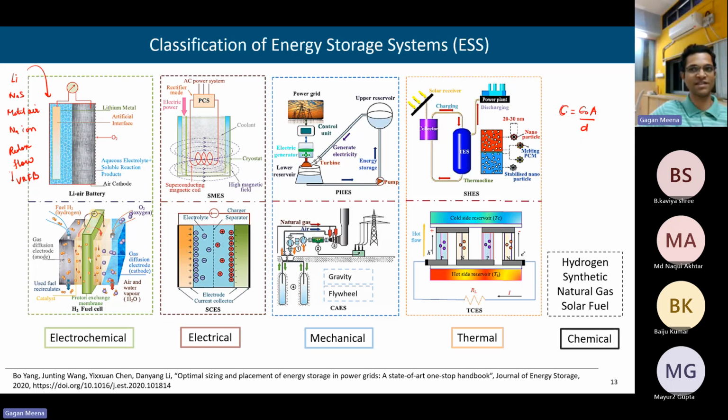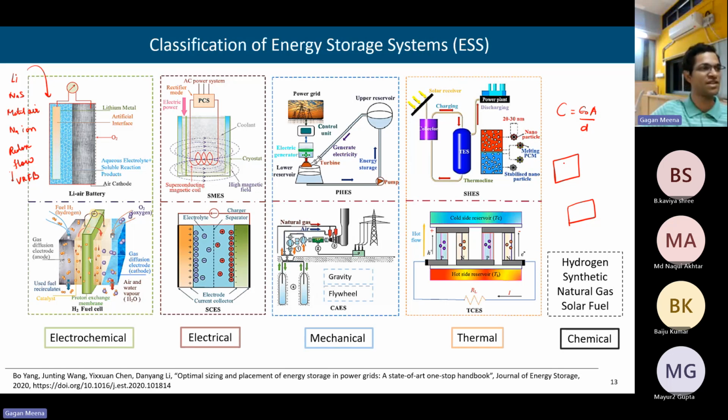If you want to increase the capacitance, how can I do that? Either increase the area or reduce d, the gap between the two plates. We cannot reduce the gap beyond a certain limit, right? So what is done here is the area is increased. How? The surface area of the plates is increased.